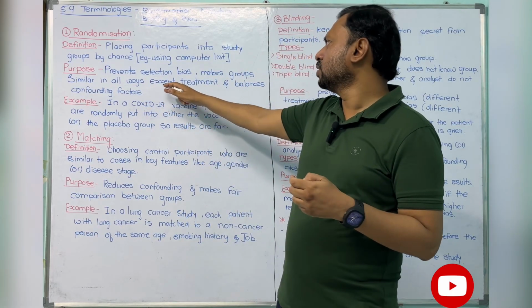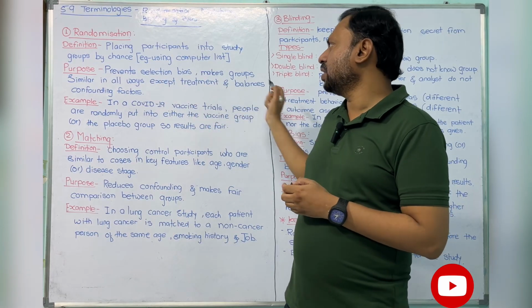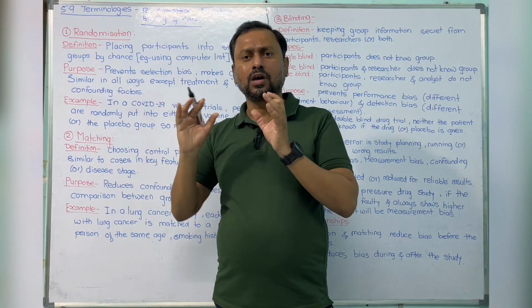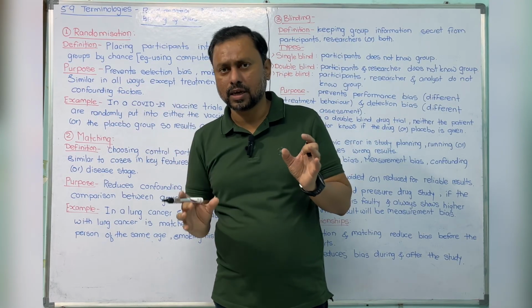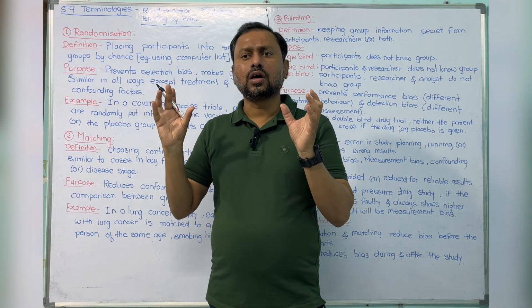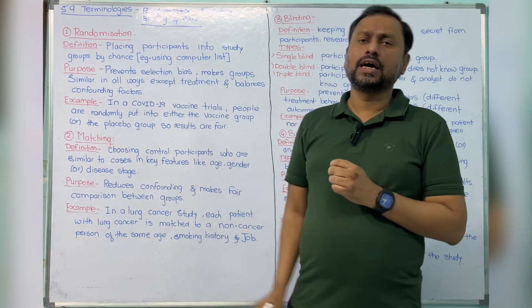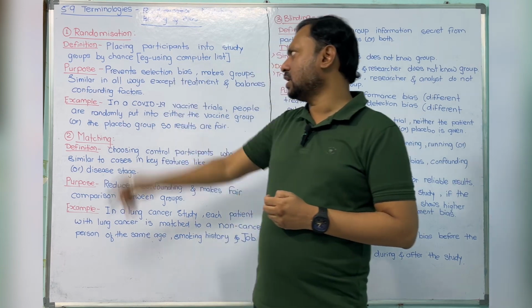That is why we use the randomization method, except for the treatment, balancing confounding factors. Except the treatment, everything is similar, like age, sex, or lifestyle. This is randomization, selecting the patients randomly.